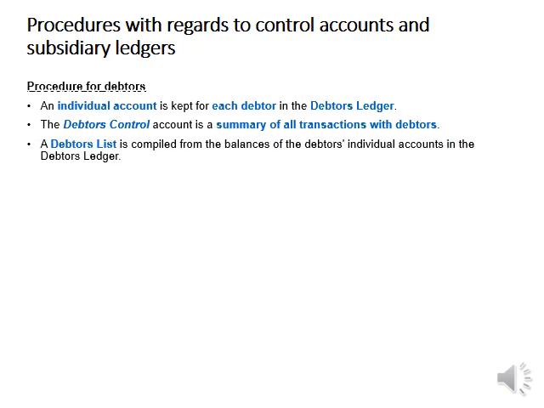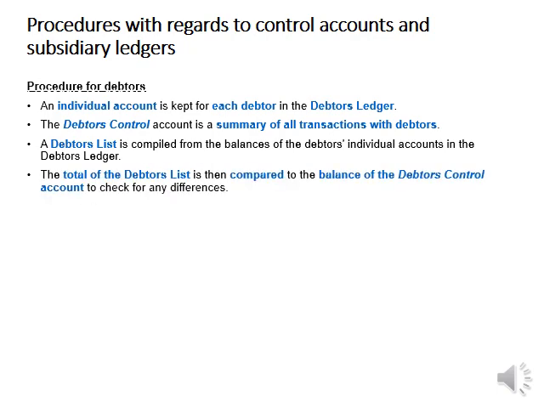The debtors list is then compiled from the balances of the debtors' individual accounts in the debtors ledger. The total of the debtors list is then compared to the balance of the debtors control account to check for any differences. As I already said, whatever happens in debtors control must also happen in the debtors ledger. So if there are differences, it means there are some mistakes or omissions that need to be fixed.